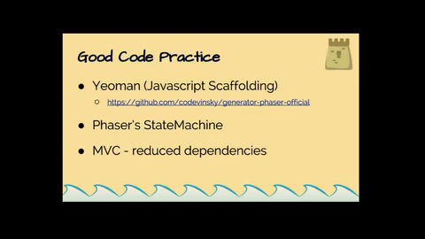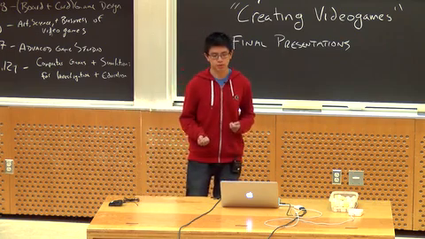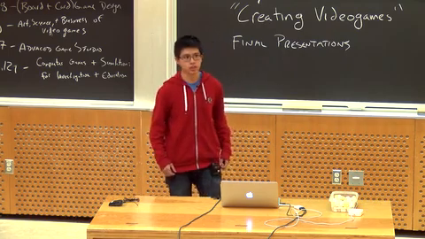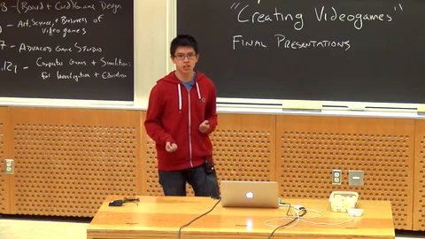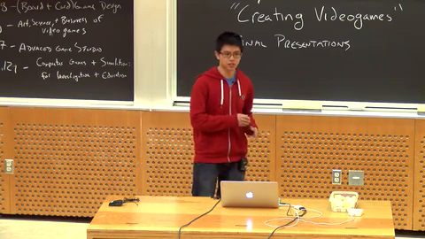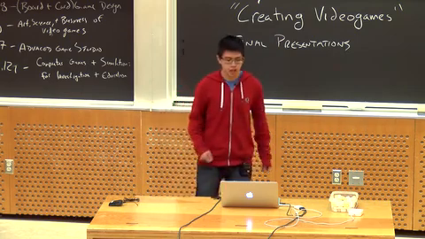So from the beginning, we encouraged good coding practice, and so we used good tools available to us. One of these is Yeoman, which is a JavaScript scaffolding framework. This helped us out a lot by basically automating a lot of our JavaScript tasks and making our code modular. We also used Phaser's state machine, which is this kind of badly documented new feature in the Phaser game engine, which was the JavaScript game engine that we used.